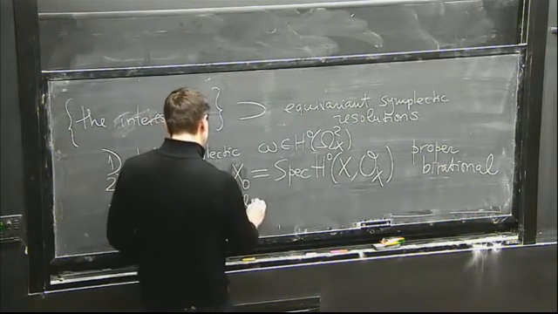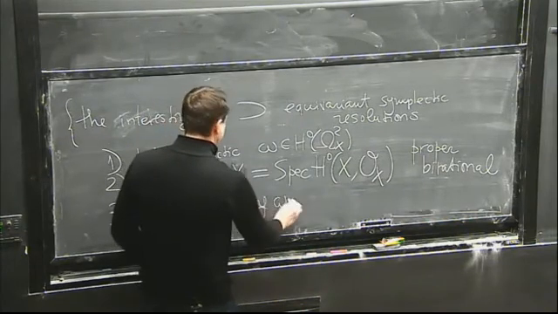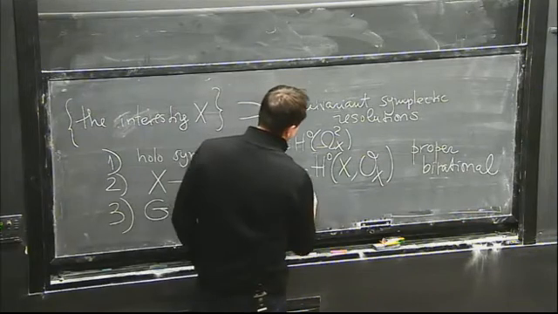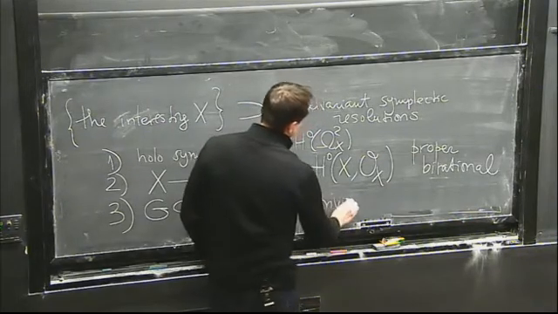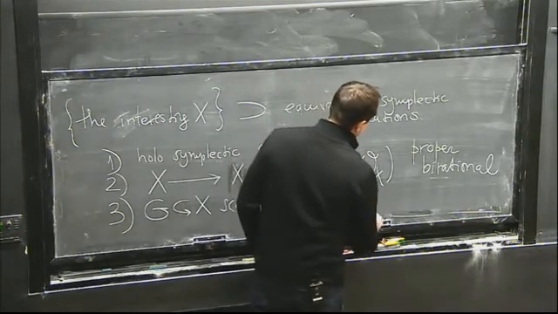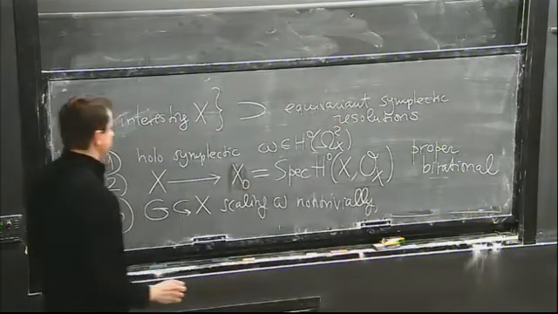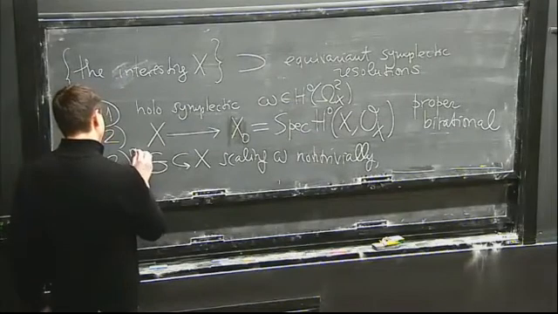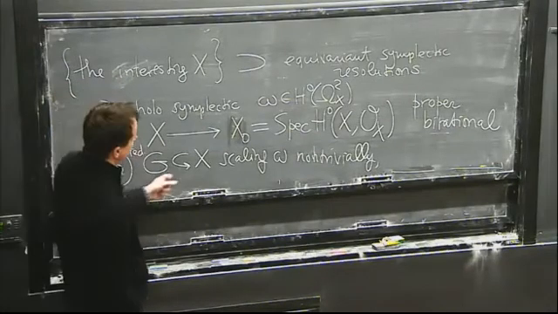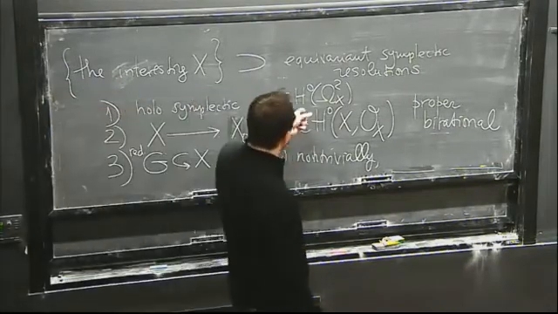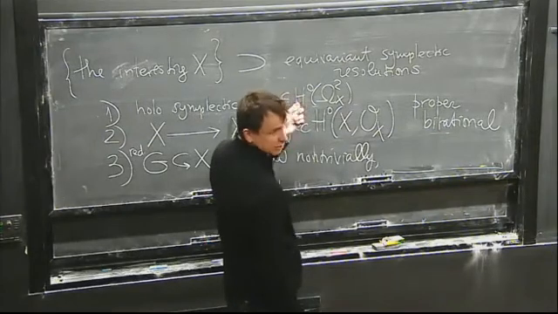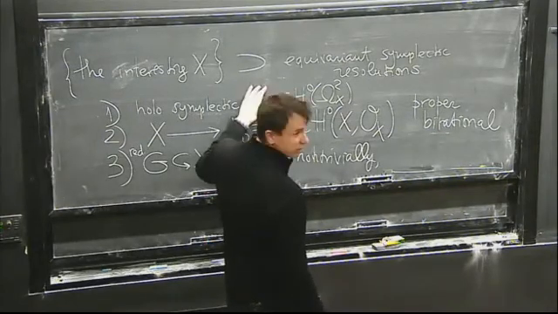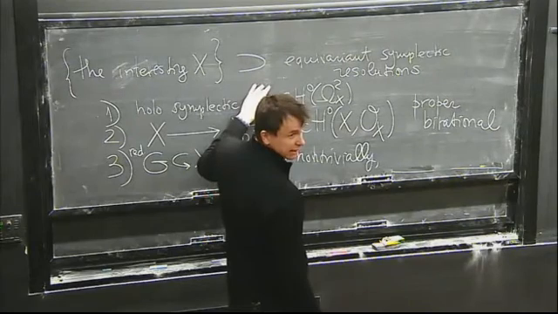Scaling omega non-trivially. And moreover, so if this is a reductive group and it scales omega non-trivially, let's assume omega is unique up to a multiple, therefore it scales it by a character.